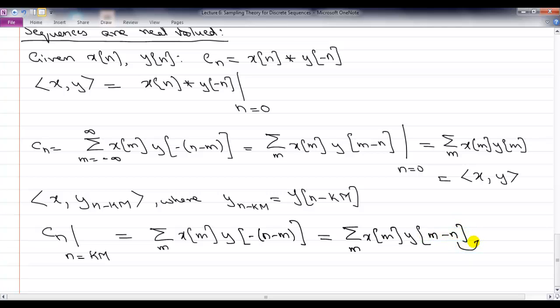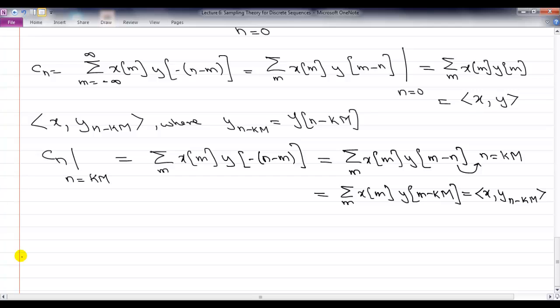And indeed now if I replace n by kM, I get back the sum over m of x[m] y[m-kM], which is equal to the inner product of x and y[n-kM].